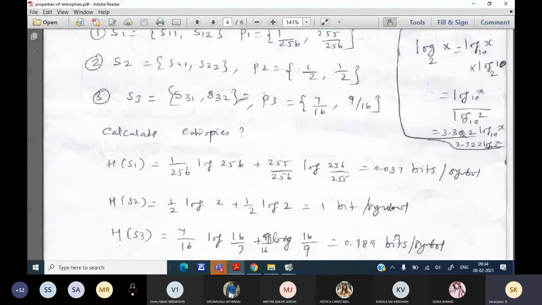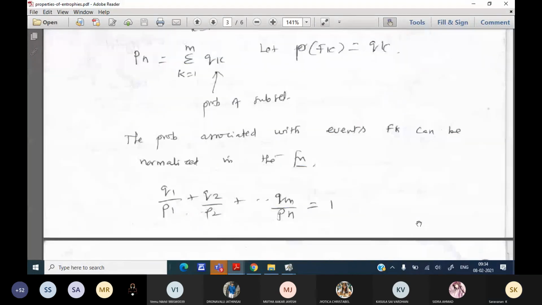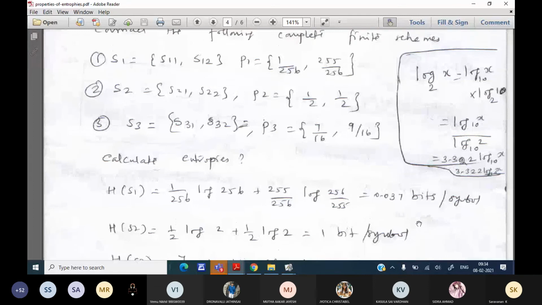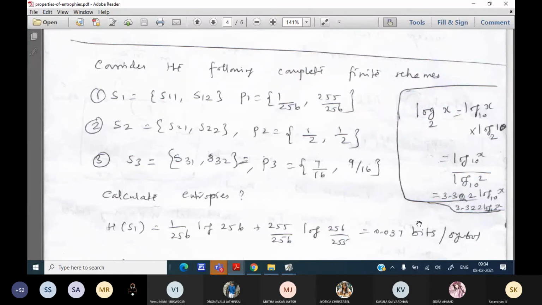I have got these three values. It is a simple problem. So you are going to calculate the entropy or average information for all the three.